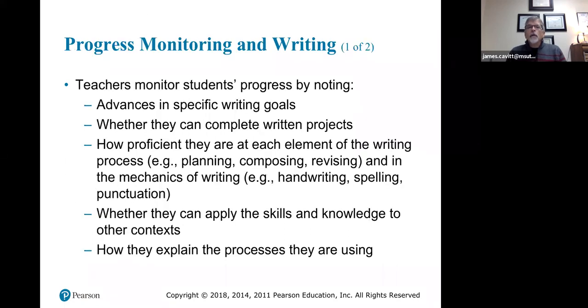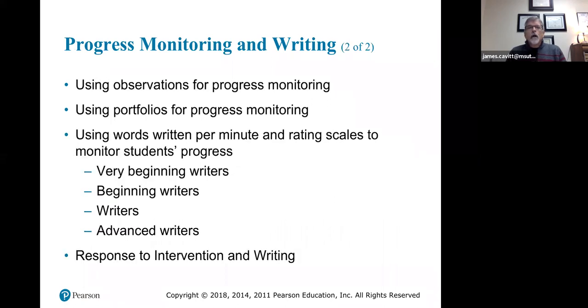Progress monitoring. These are things that you can do to help students have permanent products to see how they're making progress. Observations, journaling, portfolios. These are great ways to get students to write.